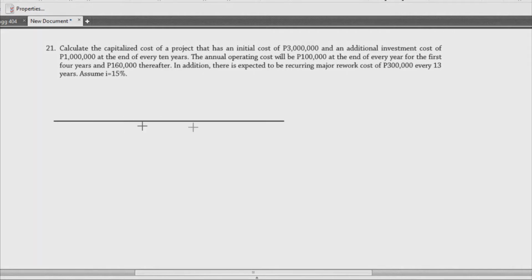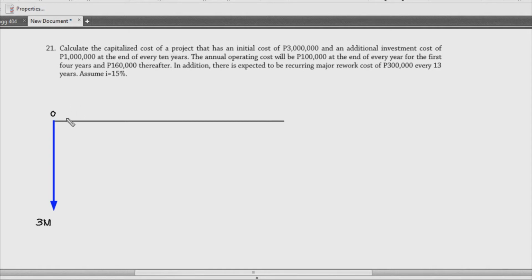Now, this is the time frame of our problem, and let's start with the initial cost of 3 million. So let's have an arrow down, meaning we paid the initial cost, that is 3 million, at time 0. Then the additional investment cost of 1 million at the end of every 10 years.